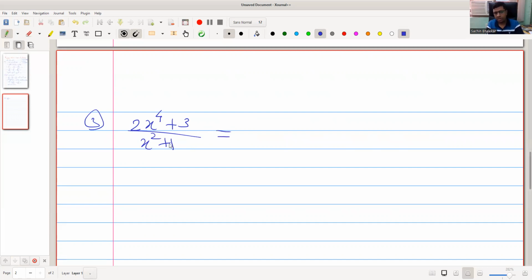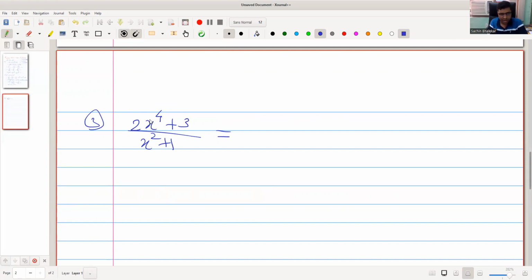Okay, numerator and denominator both are polynomials. Okay, so such types of functions are called rational functions. Okay. Now what we can do, the degree of the polynomial in the numerator is bigger than in the denominator. We try to cancel out the denominator in some terms if possible.